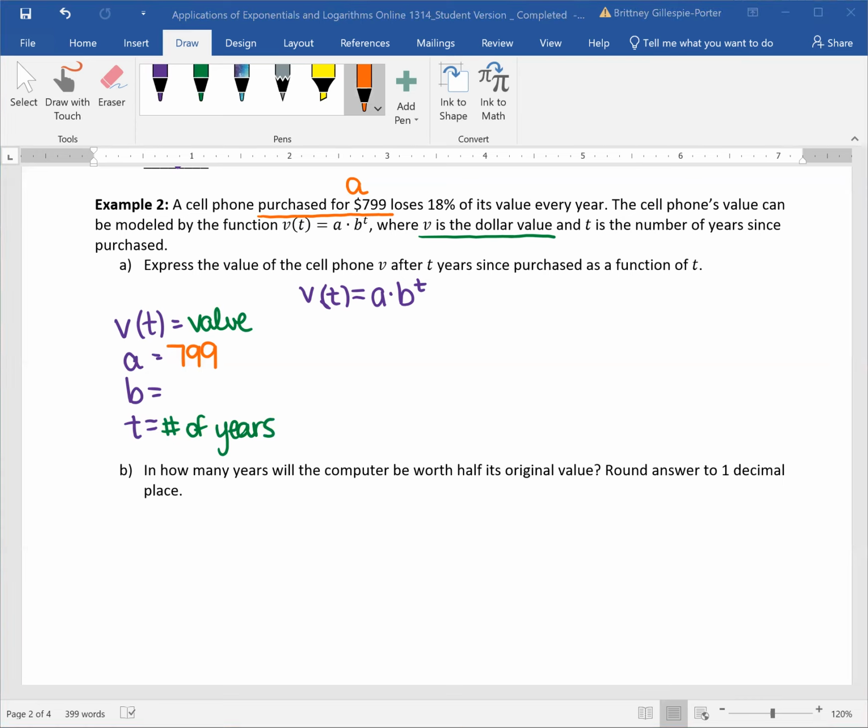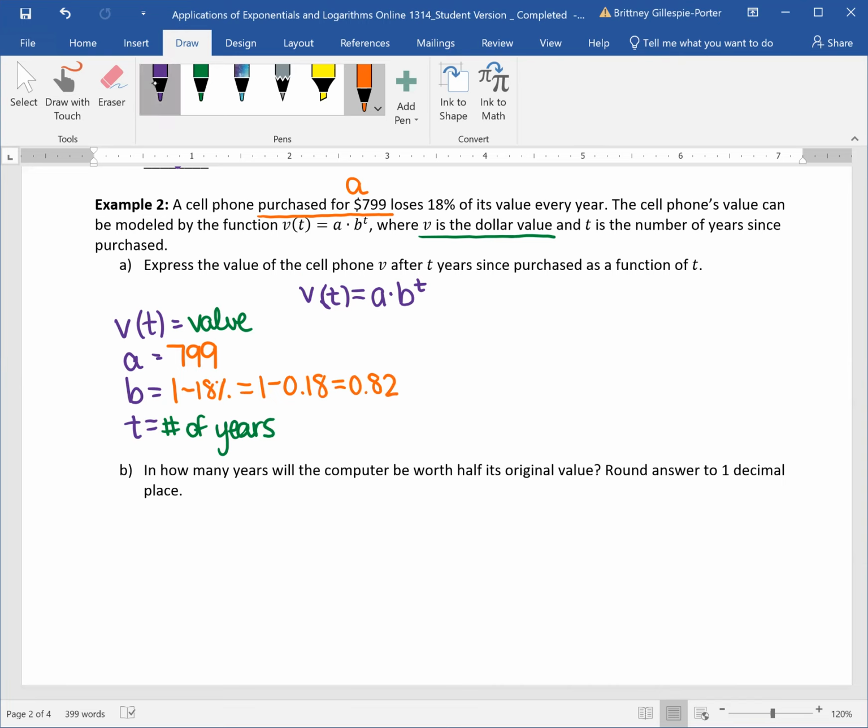And since it loses 18%, we need to take 1 minus 18%, which is 1 minus 0.18, and we get 0.82, which means we're ready for our function.